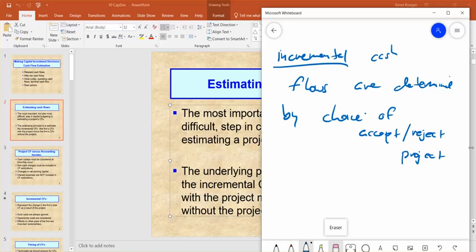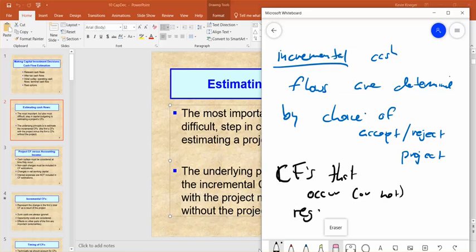But the opposite of this would be cash flows that occur or not, regardless of whether you accept or reject. Those should not be considered. They should not count. They're not incremental. That's the opposite, if you will, of incremental.